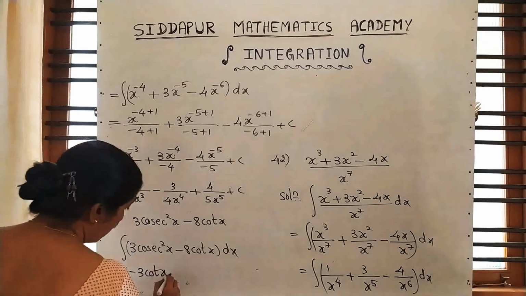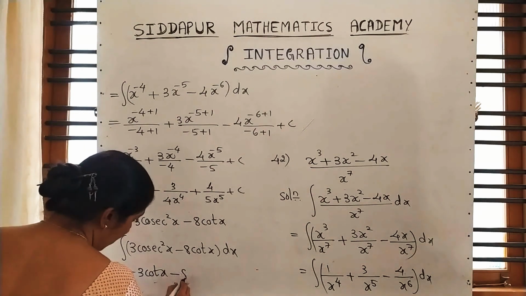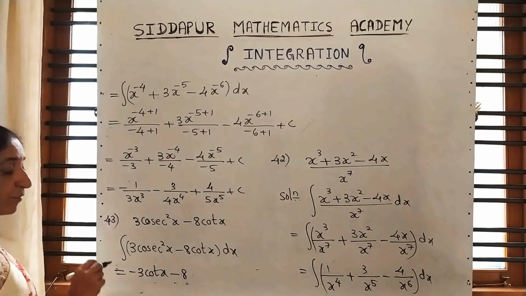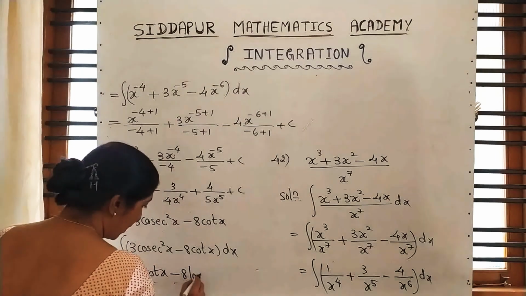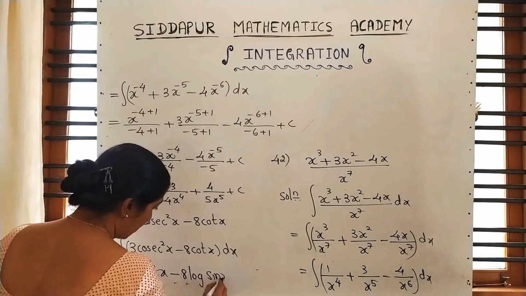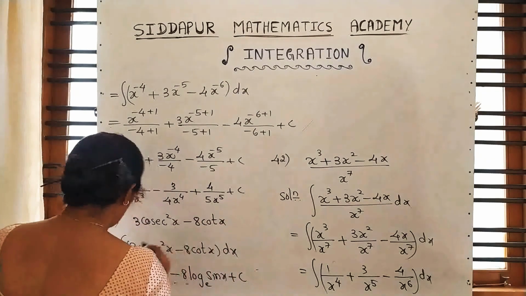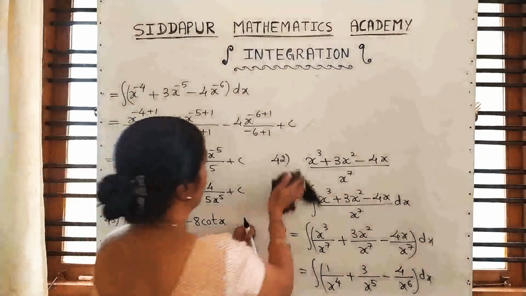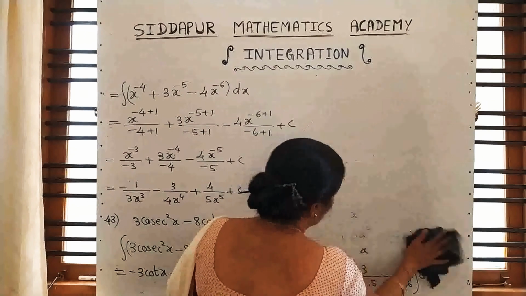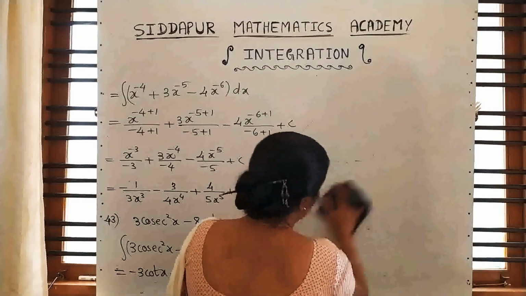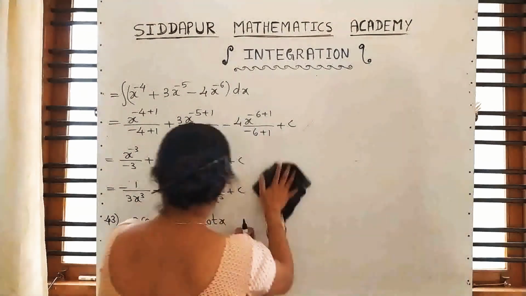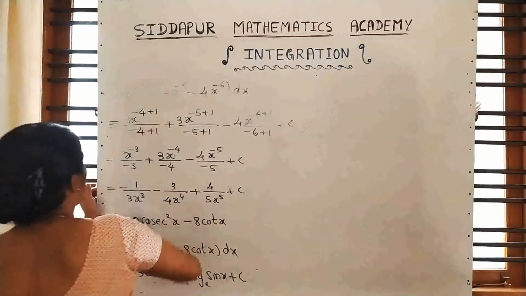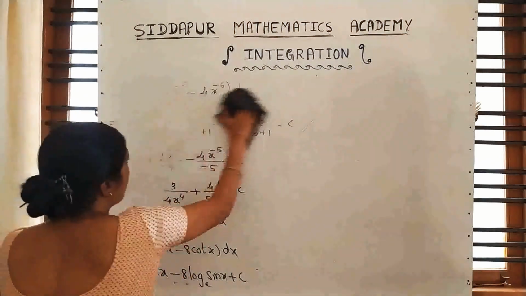I told you that is the formula. I will give the derivation. But in the formula list I gave the formula. Integration of cot x is the log of sin x to the base e plus. Next question, question number 44.